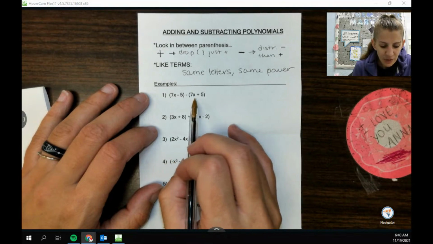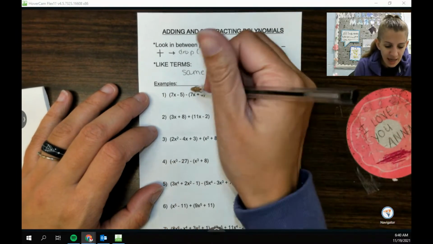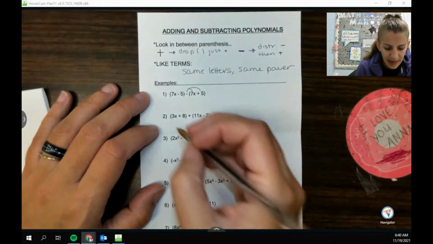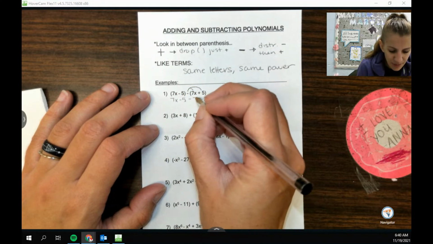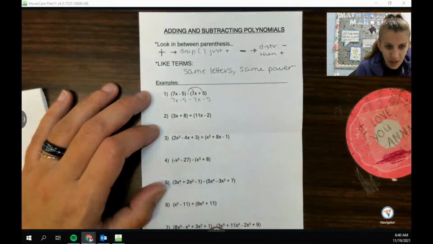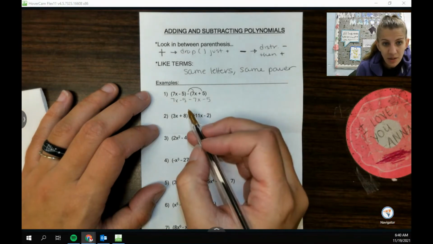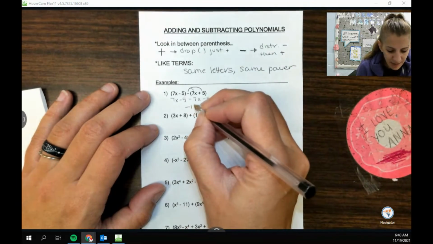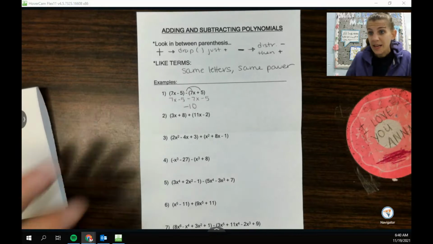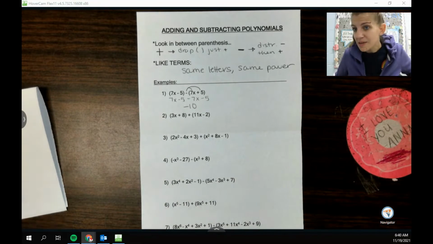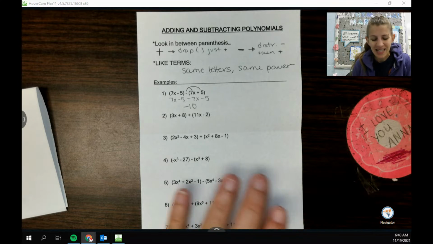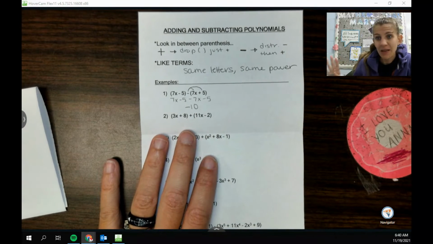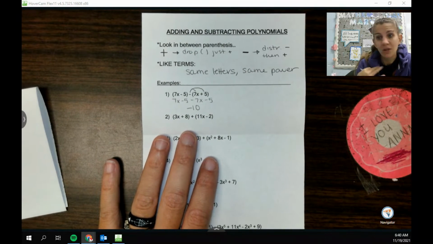So looking at this first one here, I notice we're subtracting. So I would distribute my negative in and drop the parentheses on the first. Which when I combine all those, we just have negative 10. Now the thing is, polynomials have names, more specific than just polynomial. And so they kind of have a first name, last name, just like we do, Marissa, Missouri.